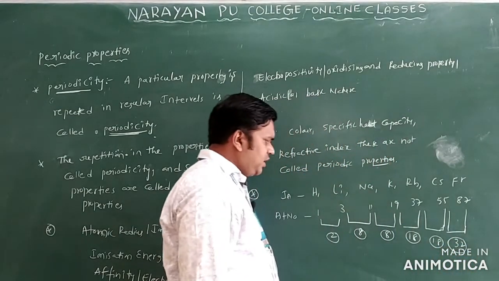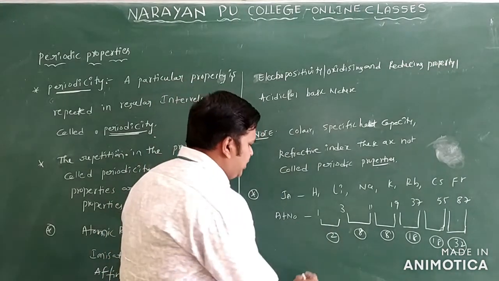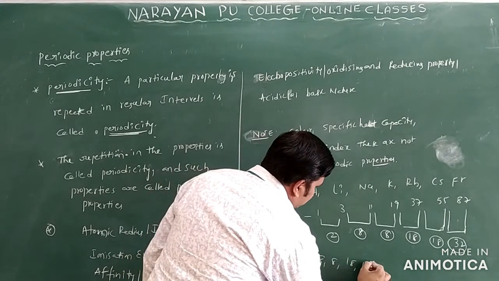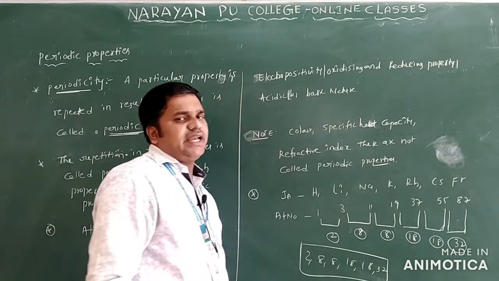So the difference in the atomic number is 2, 8, 8, 18 and 32.